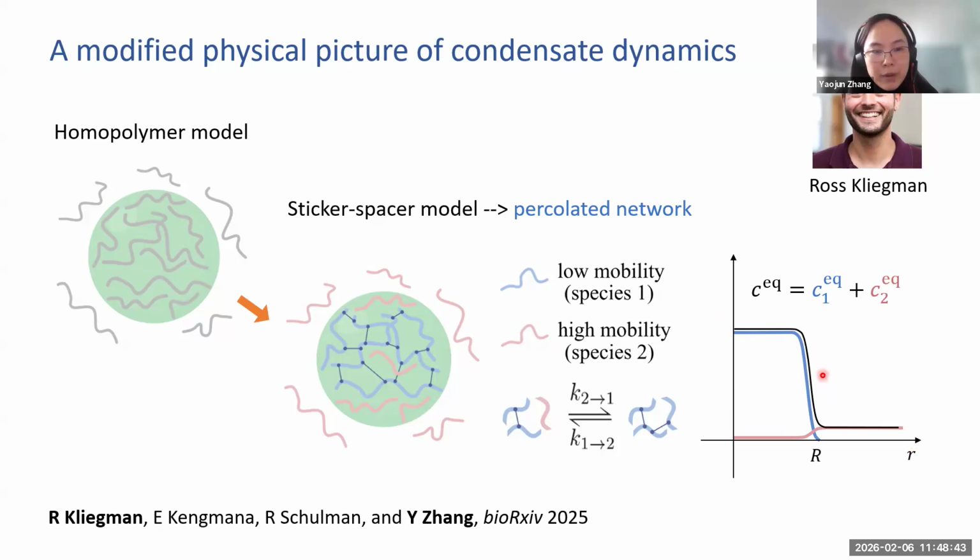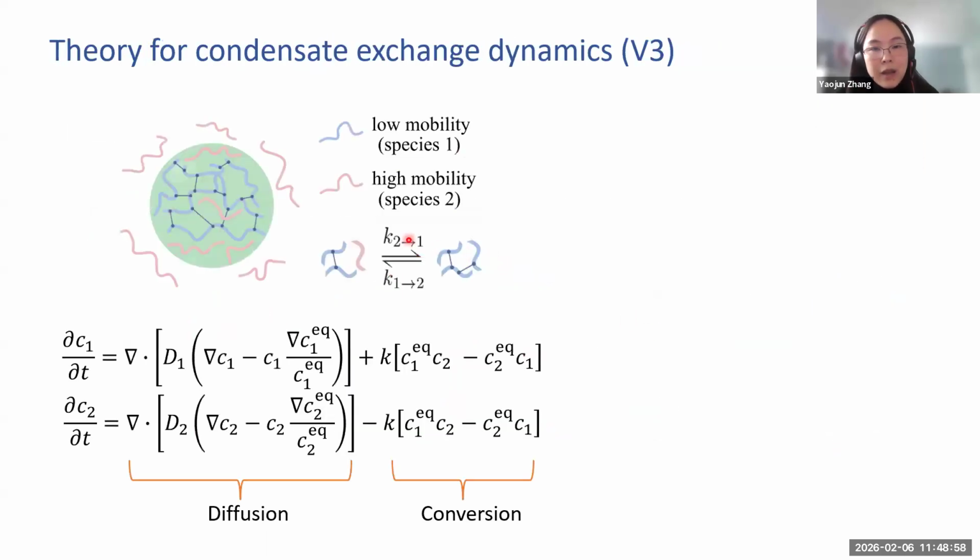We've separated the molecules based on their network connectivity and mobility into two populations, but they have the same identical chemical identity. So Ross developed a continuum model, called the reaction diffusion model, to describe the exchange dynamics of the condensates for this modified picture with two mobility species.